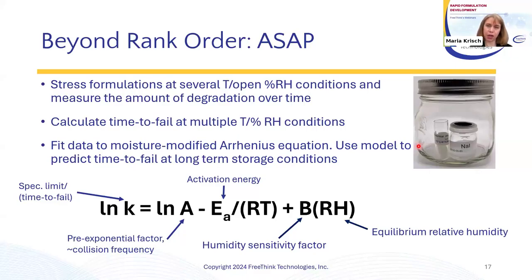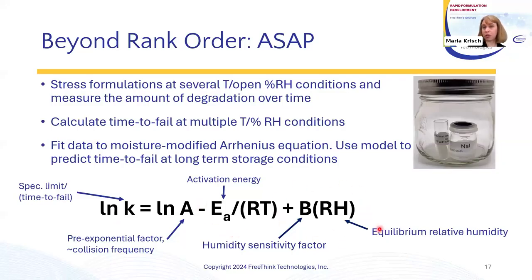We take those times to fail and fit that data to what we call a moisture-modified Arrhenius equation. The first few terms should look familiar from chemistry classes. This is the Arrhenius equation, not new science. Looking at the rate dependence, you have a pre-exponential factor, and then the temperature term, where the activation energy is the slope of the temperature dependence.